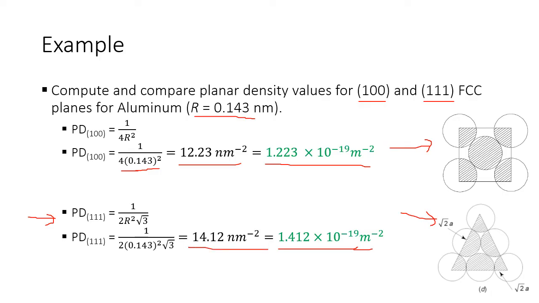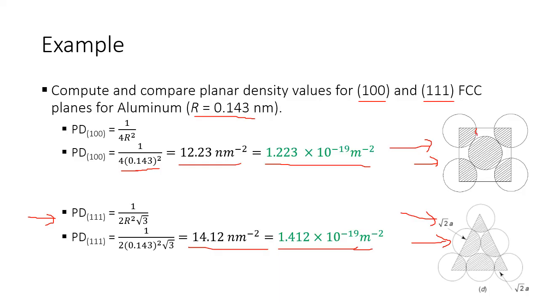So these are the values. If you compare the values, you can see that the planar density for the 111 plane is greater than the planar density for the 100 plane, and this is quite obvious because if you look at the figure, the 111 plane is closely packed, or the packing of items along the 111 plane is closer as compared to the 100 plane.